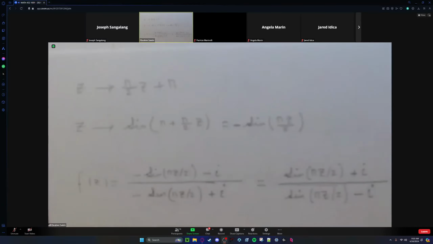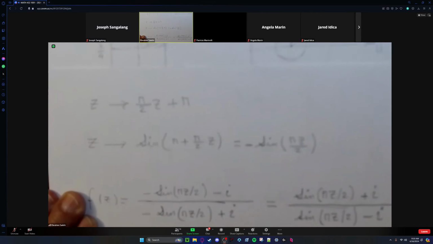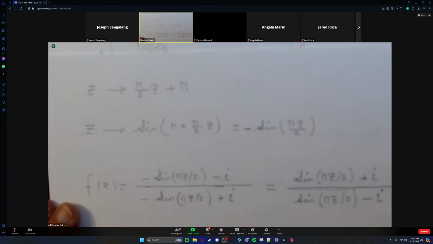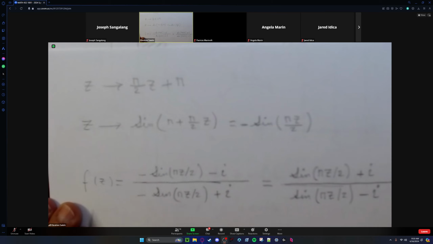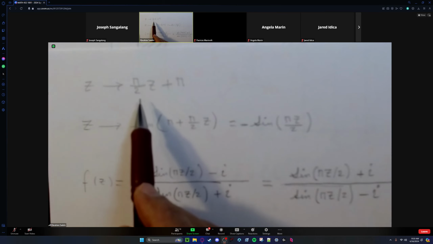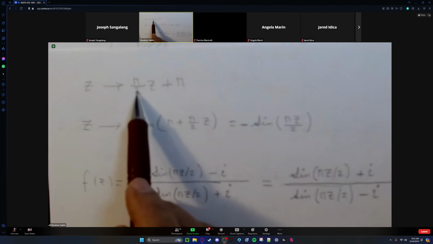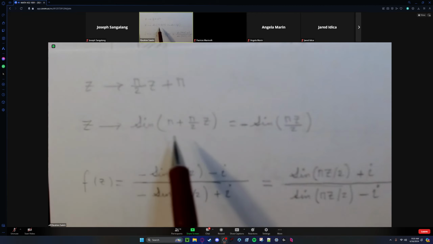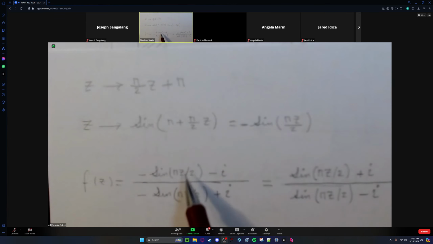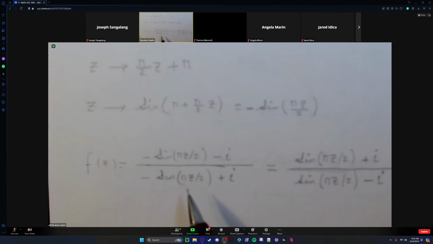Okay, so this is what happens. The first is adding 2, then multiplication by π/2, then sine z, and after sine z, this linear fractional transformation. Okay, any question about this example?